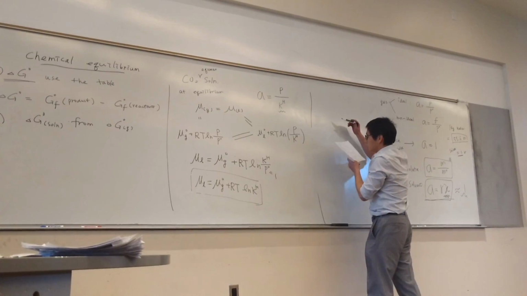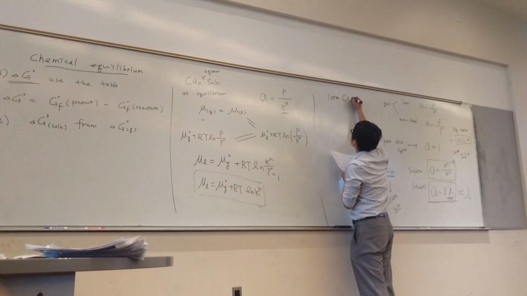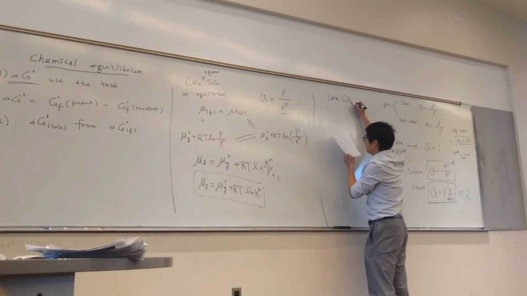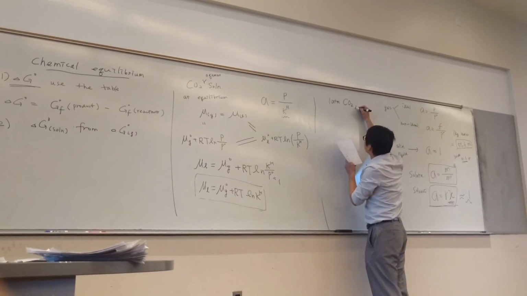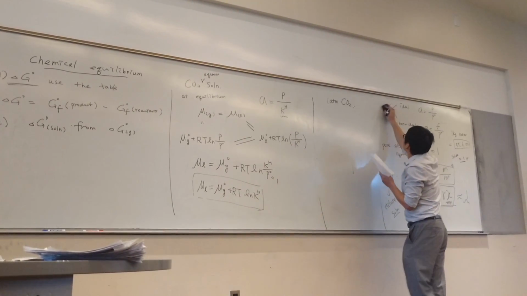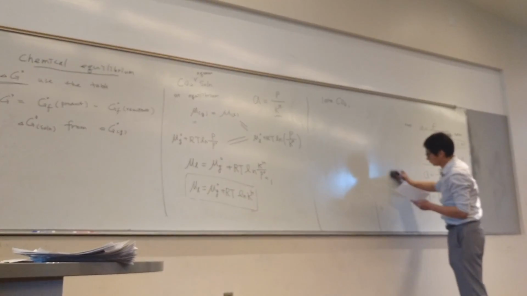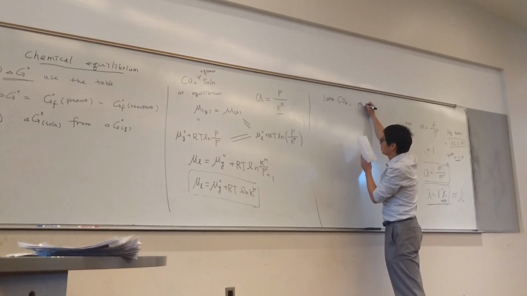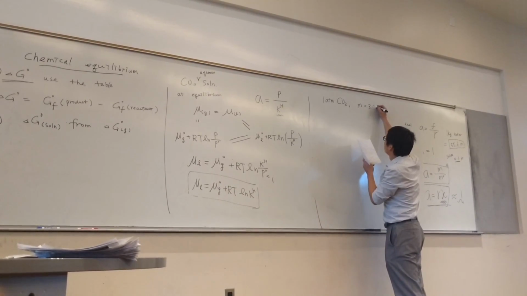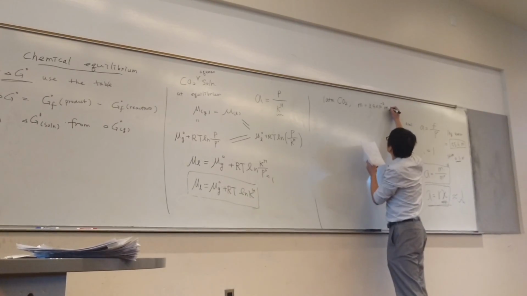Let's say today you have 1 atm CO2, and the concentration of CO2 in your solution is equal to 3.4 times 10 to the negative 2.